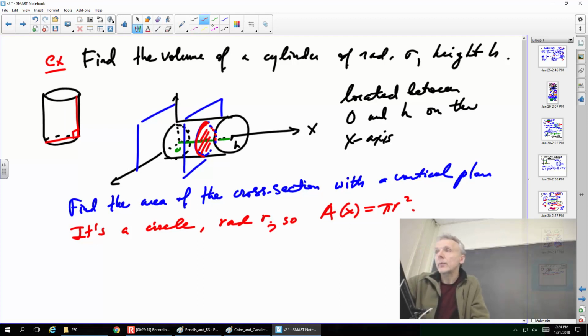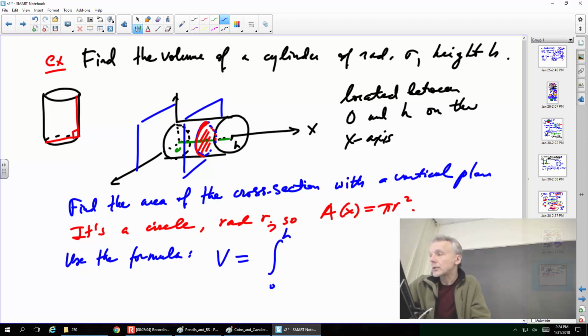So now we use the formula. Our volume is the integral from 0 to h of A(x) dx. Well, let me put a and b here to begin with.